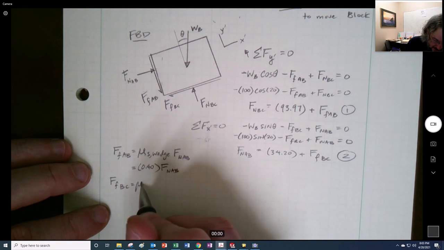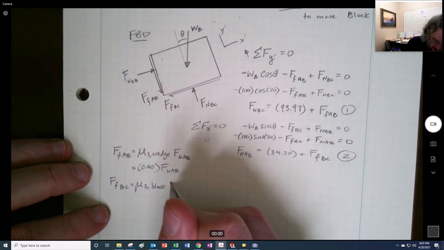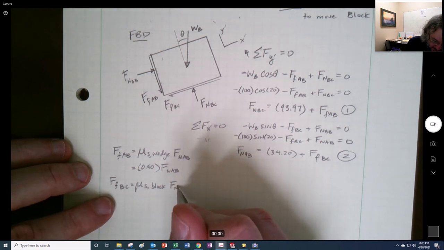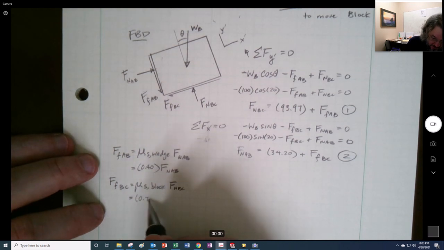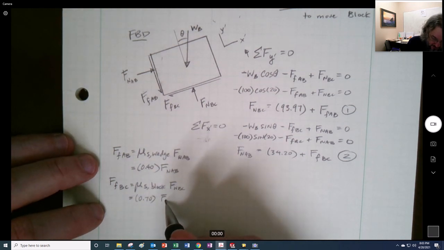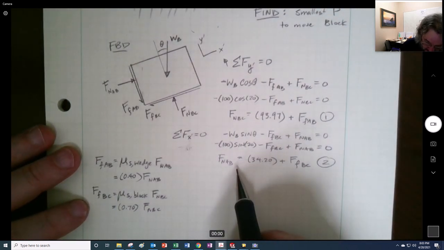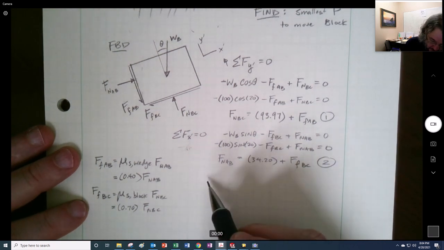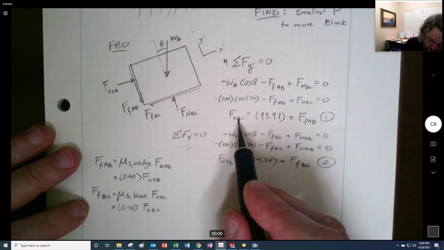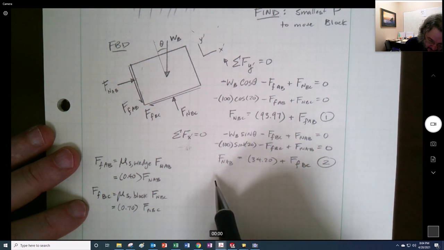F FBC is going to be mu S block times F NBC, or 0.7 F NBC. All right, so can I stick any of these things in here? Okay, so let me replace. Interesting.